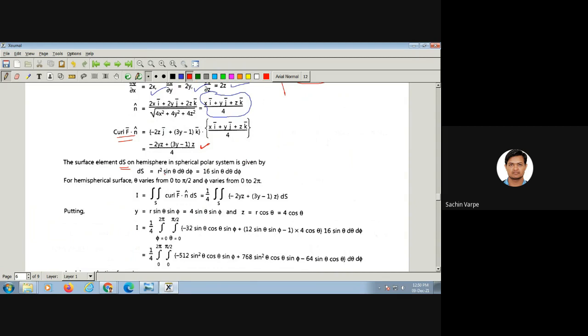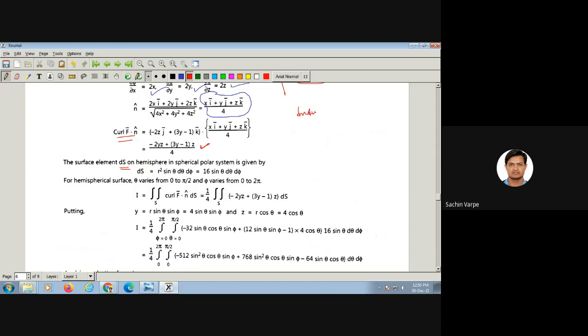ds is equal to r square sine theta d theta d phi. How do we get this? This is actually nothing but the Jacobian. ds is any area element, and suppose that S is in the xy plane, then ds is nothing but dx dy.